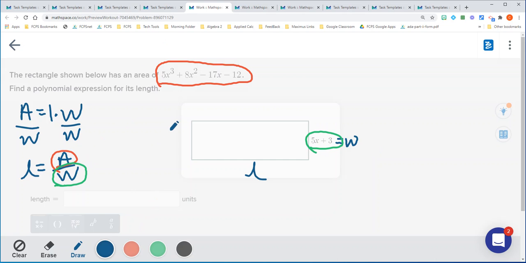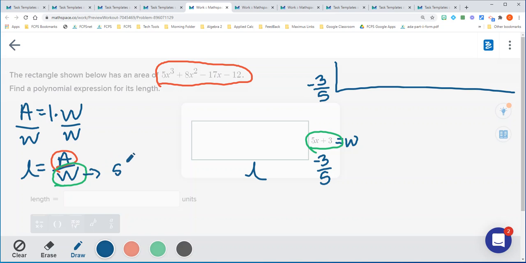Okay, so I know this is the long division, but notice that this is the 0, and I could probably do a synthetic division, okay, with minus. All right, so if I'm going to divide by W, I'm going to take the 5 out.